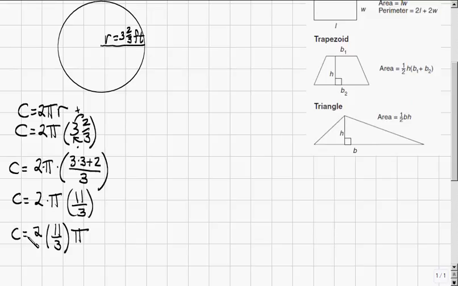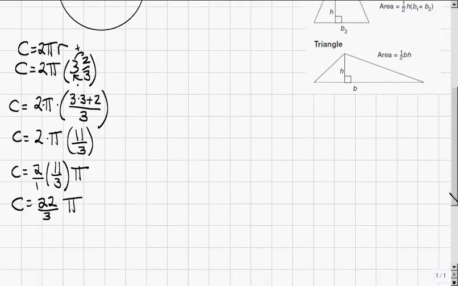And our circumference is that. For us to multiply two fractions together, we'll write 2 as 2 over 1, since any number can be written over 1. And for fraction multiplication, we'll multiply the numerators and the denominators together. 2 times 11 is 22, and 1 times 3 is 3. So our circumference now becomes 22 over 3 times pi.